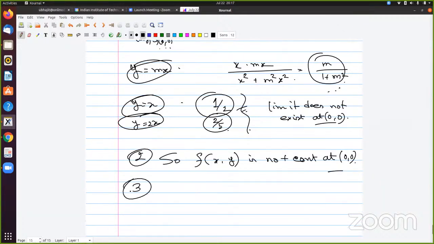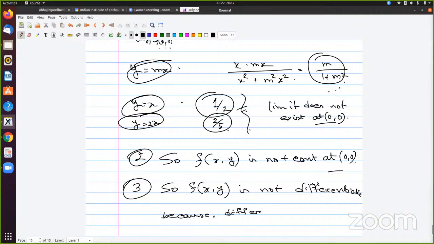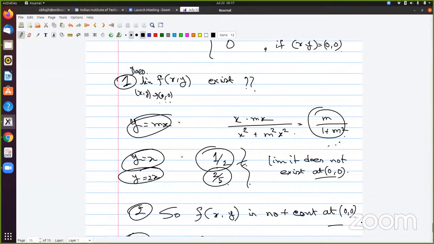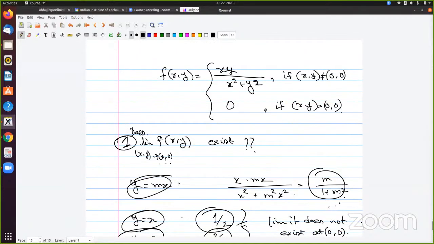So we can conclude that f(x, y) is not differentiable, because differentiability implies continuity. I mean, if a function is differentiable, then it must be continuous. Now, this is not continuous, so it cannot be differentiable. Correct? Got it? Yes. Okay, fine.